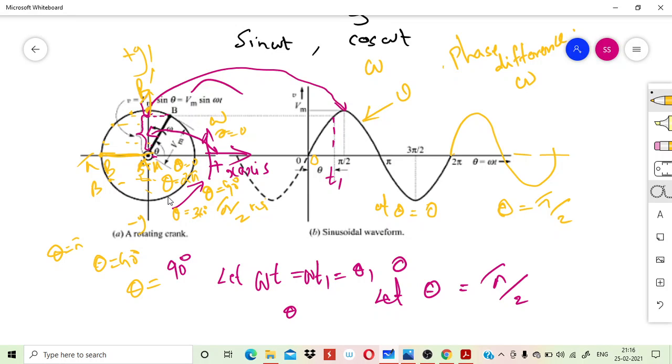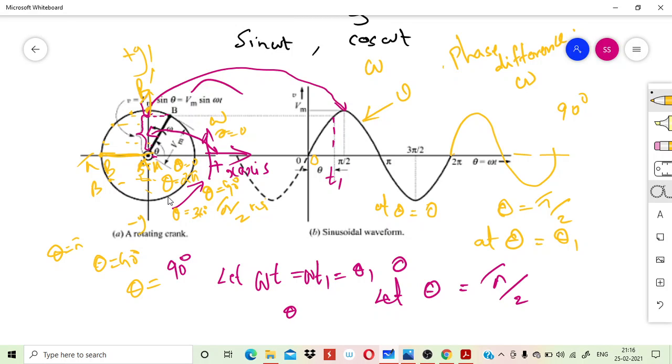At any point of time, let theta equal to theta 1 be any arbitrary angle. At theta equal to theta 1, the sine and cosine waveforms will always have a phase difference of 90 degrees.